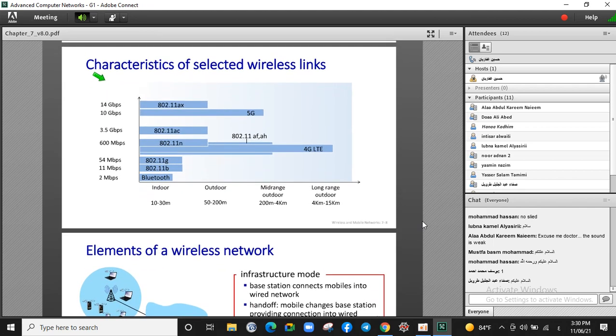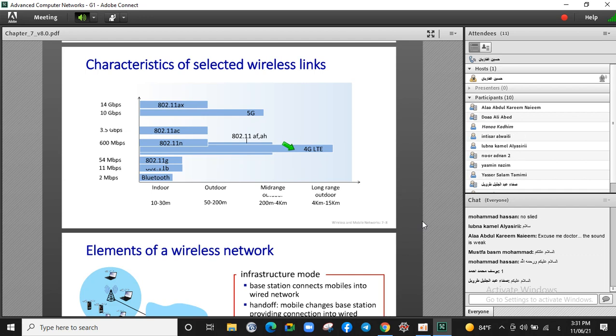look at this slide here, slide 8 of chapter 7. Here we can see we have different technologies. When we talk about wireless links, we have different technologies, for example, Bluetooth, Wi-Fi, and cellular technologies and something like that.